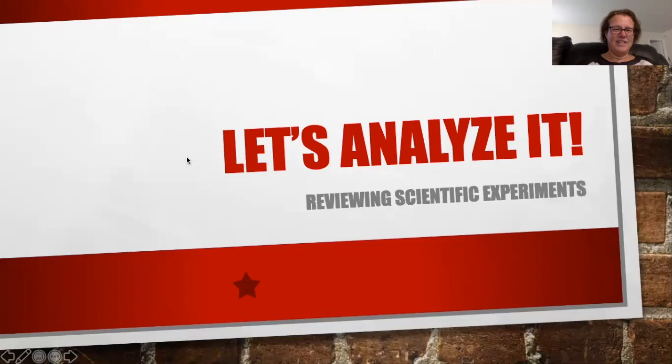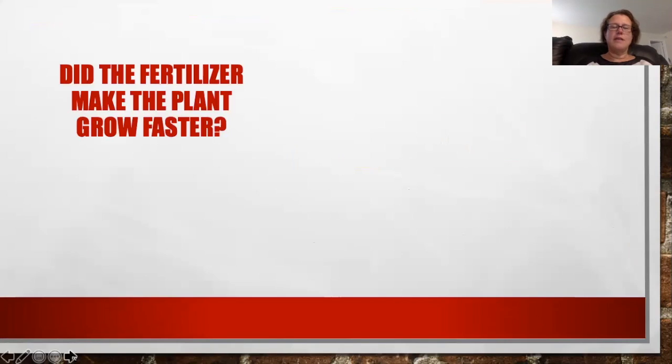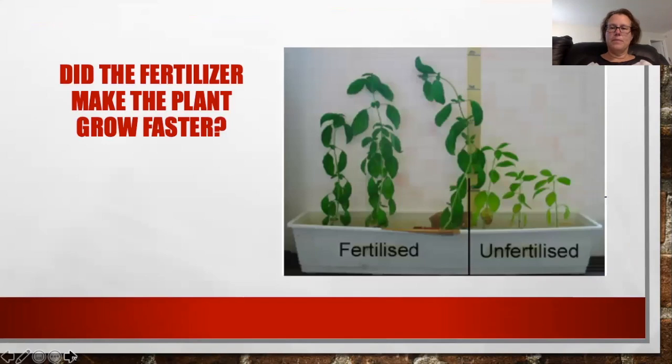Okay, on our lesson now, we're going to be reviewing our scientific experiments and analyzing them. Let's take a look at the presentation. All right, let's analyze it. Reviewing scientific experiments. Okay, did the fertilizer make the plant grow faster? Yes, right?